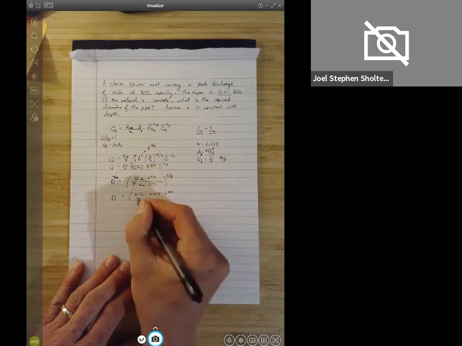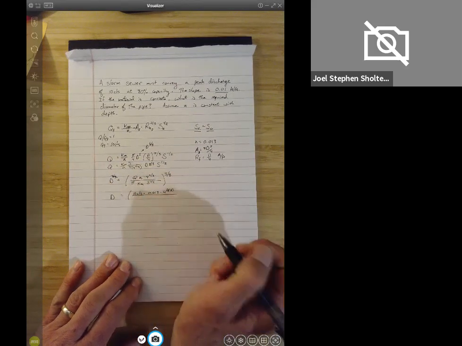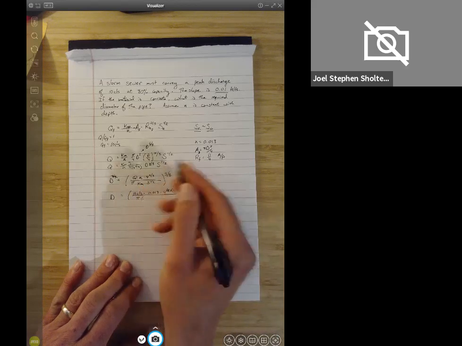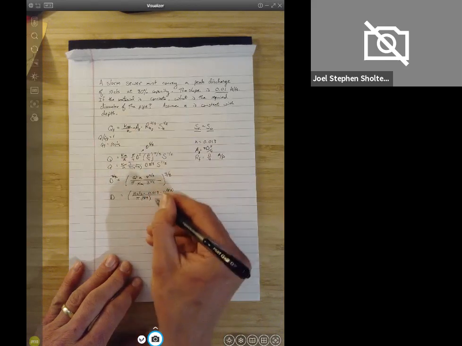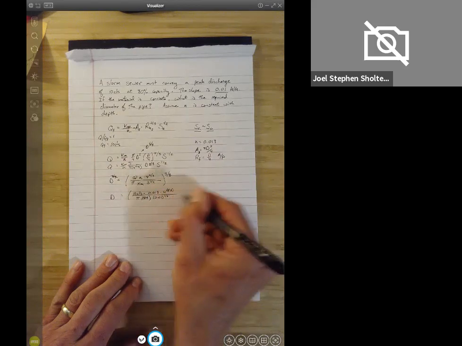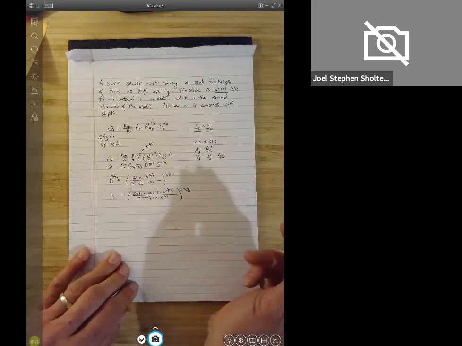Four to the 5/3. Remember, when you enter that in your calculator, you've got to put it in parentheses. Pi, because we're dealing with CFS, Km is equal to 1.49. And then our slope is 0.01 to the 1/2, all to the 3/8. So this is a doozy to put in your calculator.